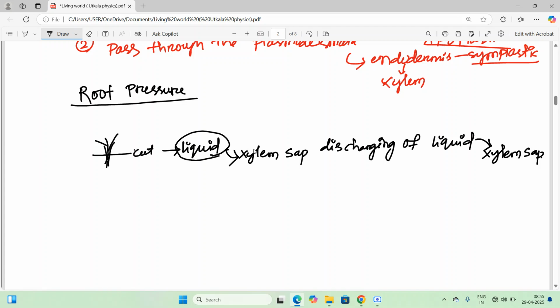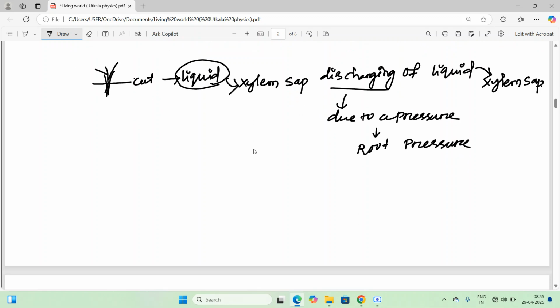The discharge is due to a pressure, that is the root pressure. The force that gives rise to the exudation, meaning discharge, originates in the root.